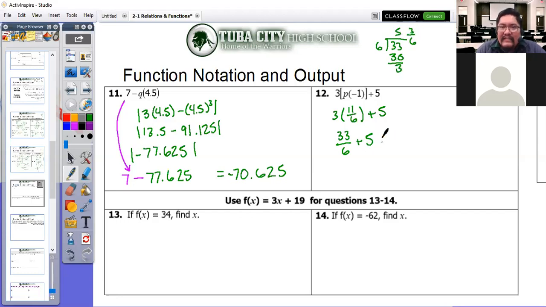So that's 5 and 3/6, which is 5.5. Now this is a pretty easy one because if you were to convert this to a decimal, it would be 5.5 plus 5, which is actually pretty easy. In this case, this would all come out to 10.5.